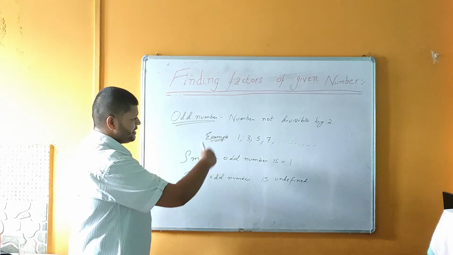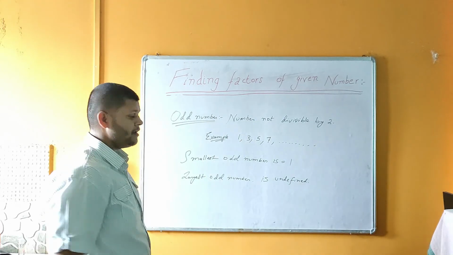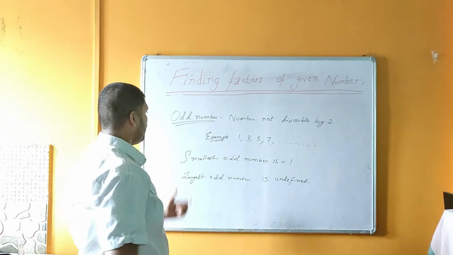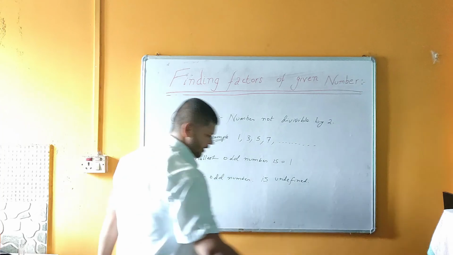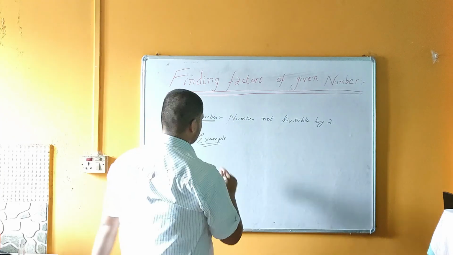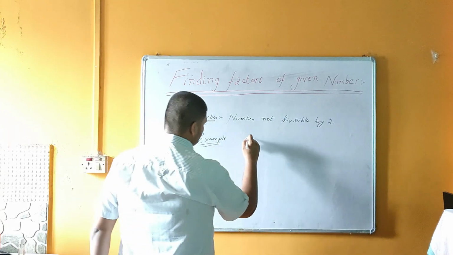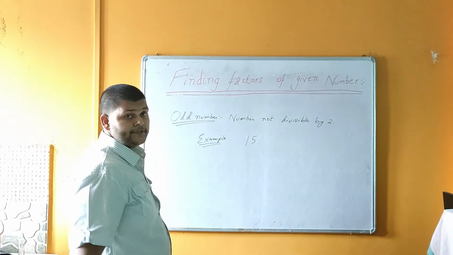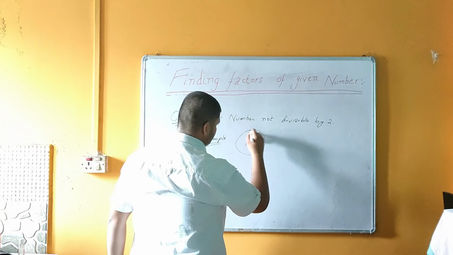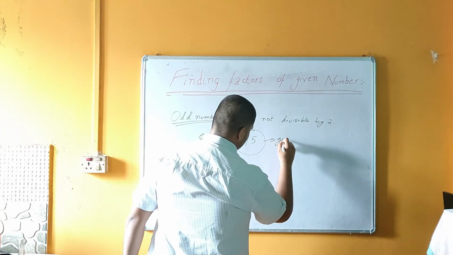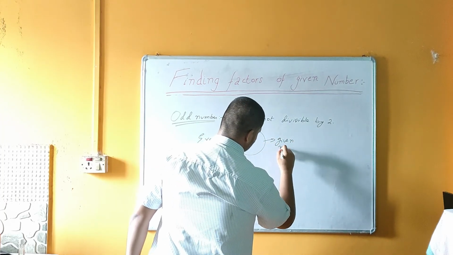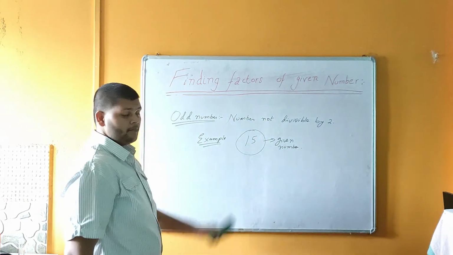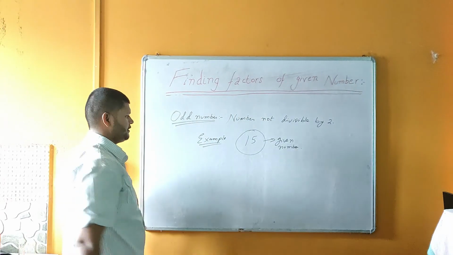Now I will take one example as a given number, and we are going to test whether that number is an odd number or not. So I am erasing this. The example we are taking is 15.